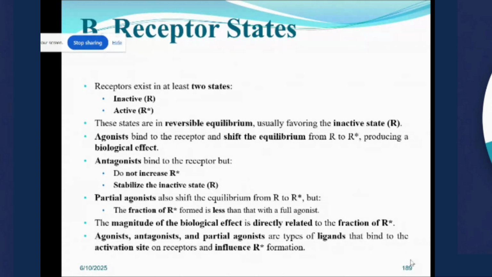Antagonists, on the other hand, stabilize the inactive state, so the activity is not excited. Partial agonists do the same thing as agonists, but the magnitude is less. The fraction of receptors activated is less than that activated by a full agonist.